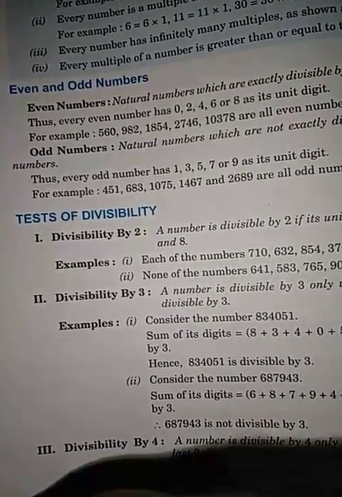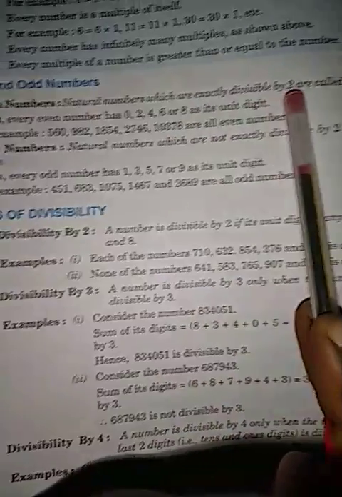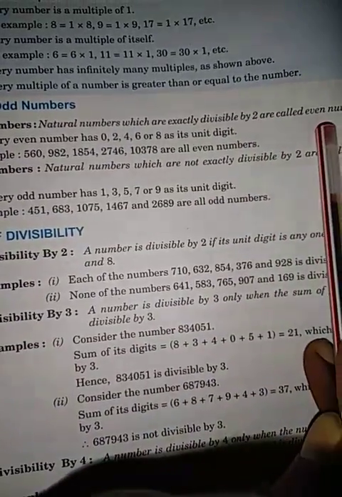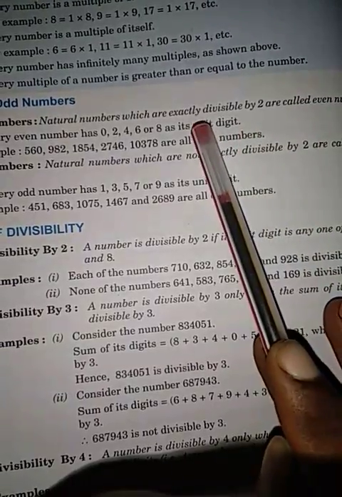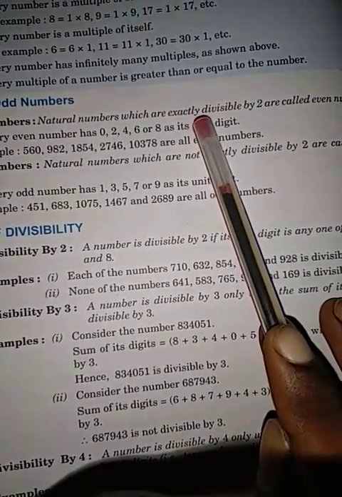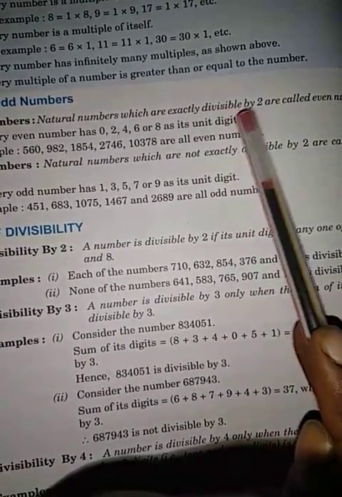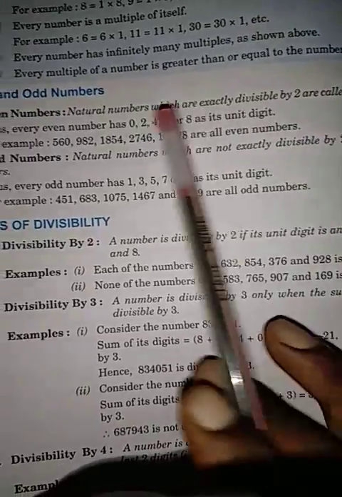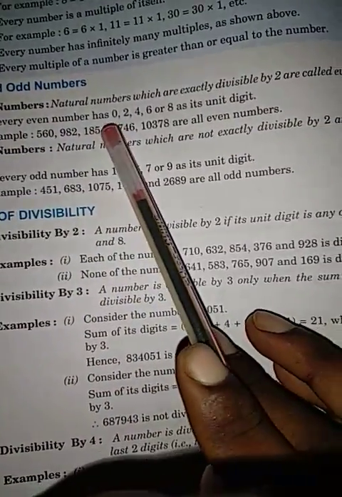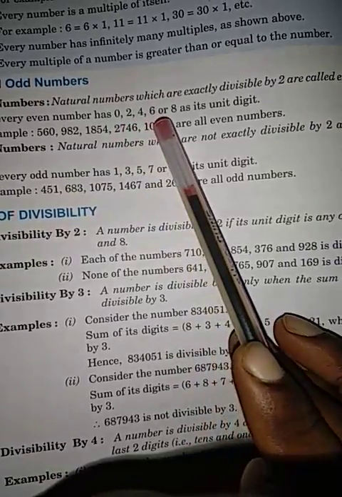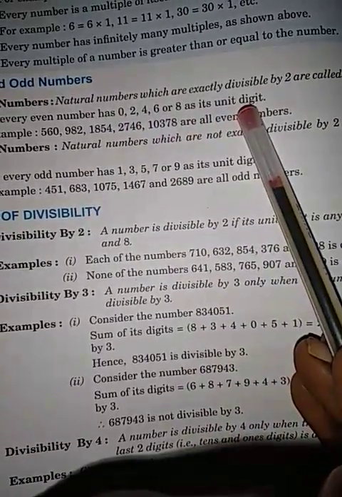Even and odd numbers. Natural numbers which are exactly divisible by 2 are called even numbers. Or in other words, all the multiples of 2 are called even numbers. Every even number has 0, 2, 4, 6 or 8 as units digit.